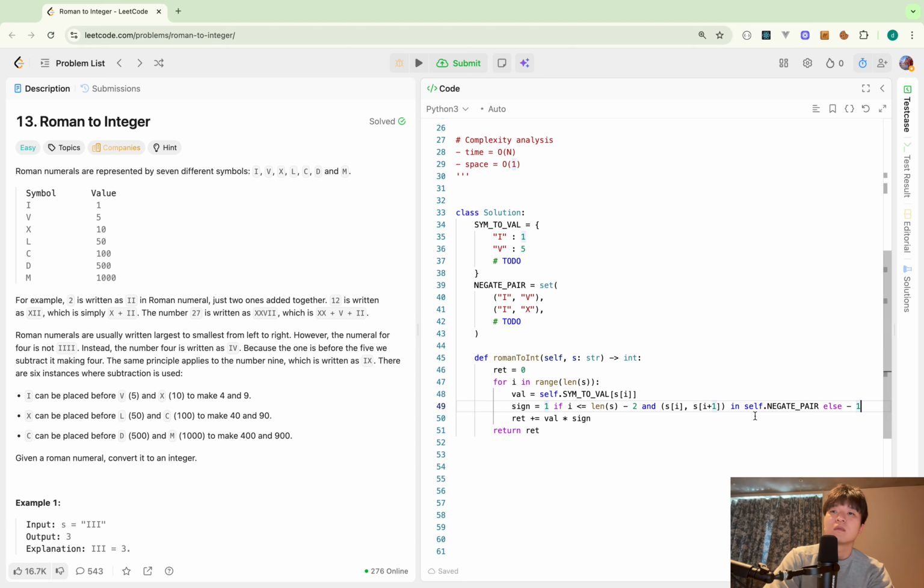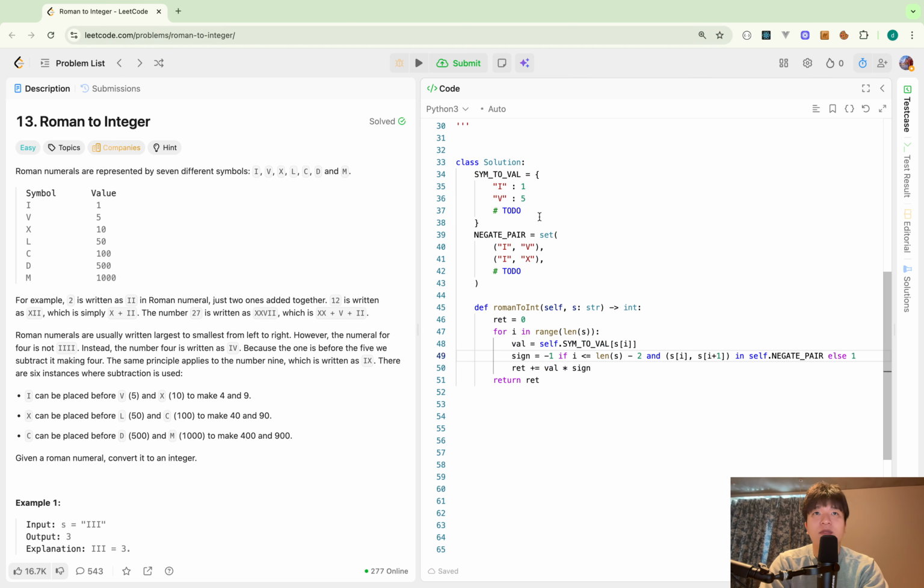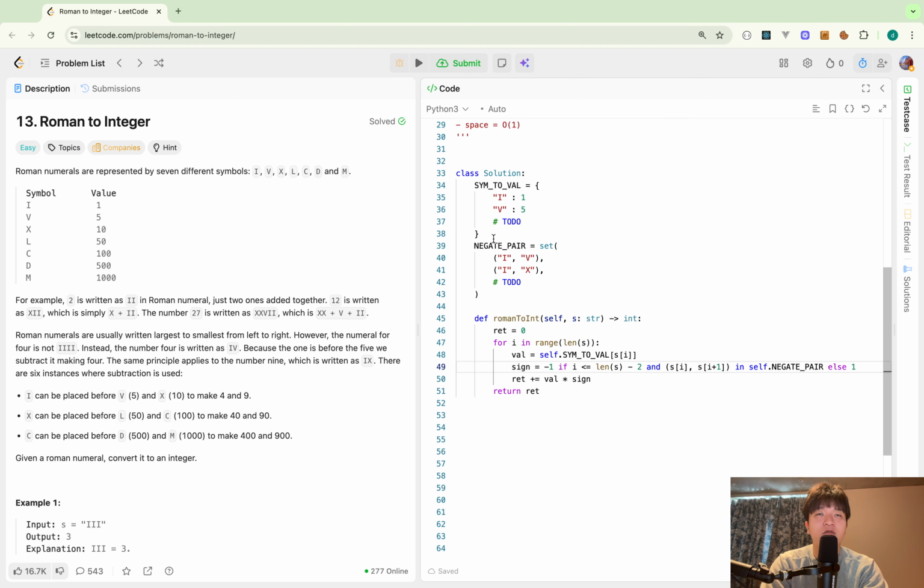If it is in the negative pair, it should be -1, otherwise 1. Okay, so now let me quickly add the symbol to var and negate to pair.